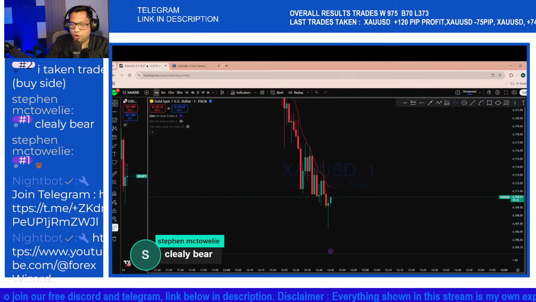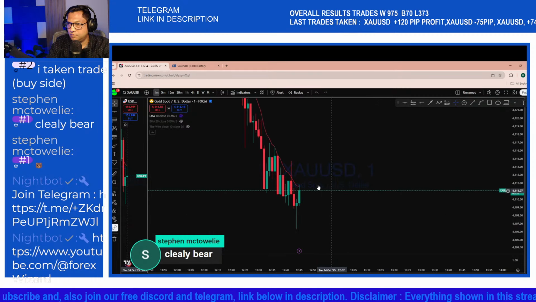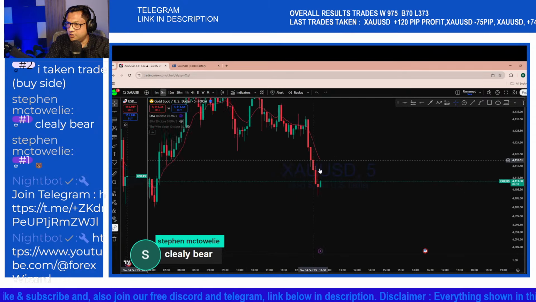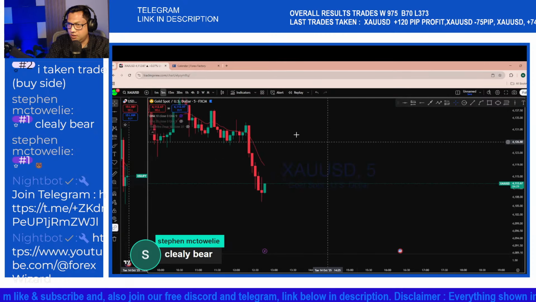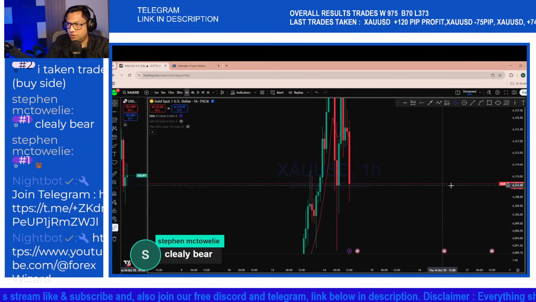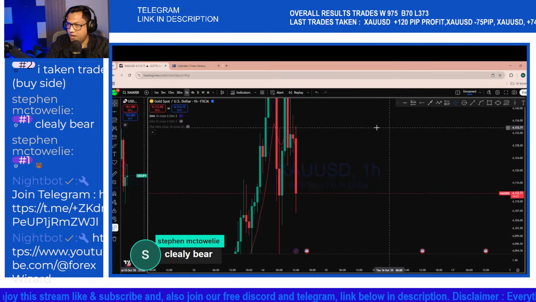What's your thought on that? We see that doji, which is significant trading. Here you can see this is a long wick doji rejected from the higher price.